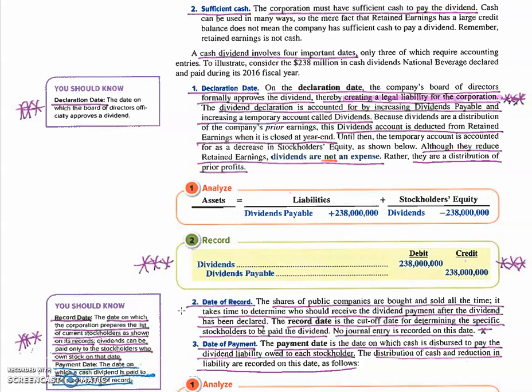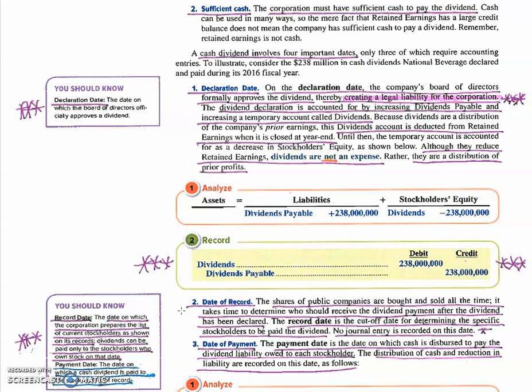Now, what if the stock sold earlier in the day and it just hadn't been recorded? That's tough for the new owners. The old owners get the dividend because they were the owners of record.